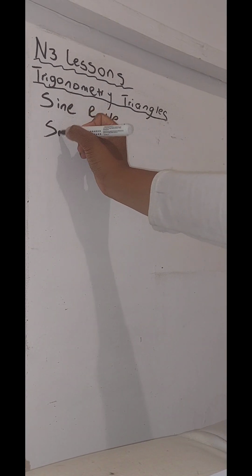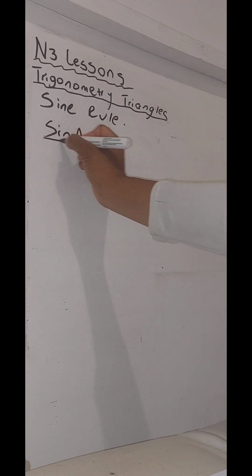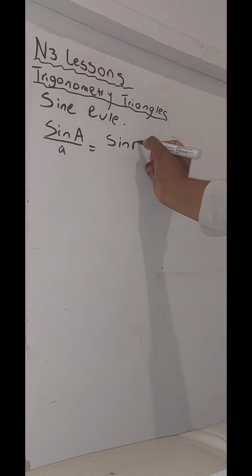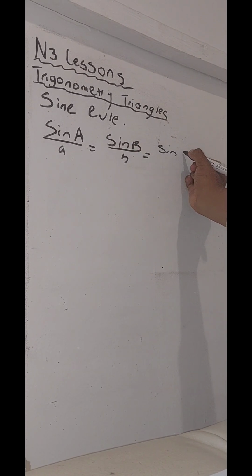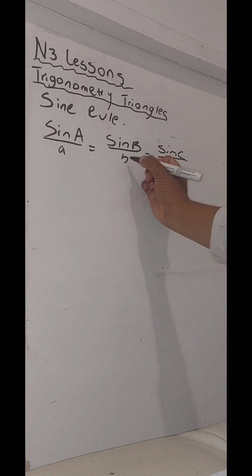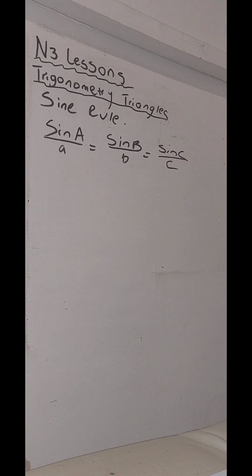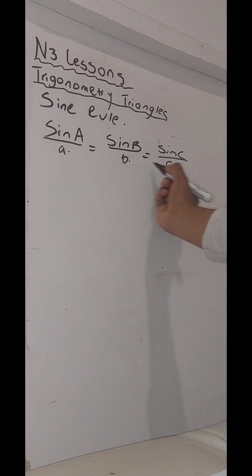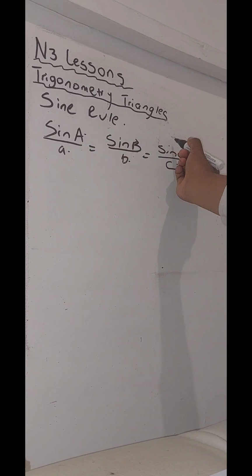It states that sin A over a is equal to sin B over b, which is equal to sin C over c. Small a, small b, small c stand for the sides, and the capital letters stand for the angles.